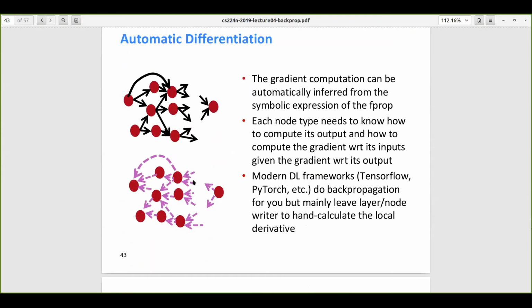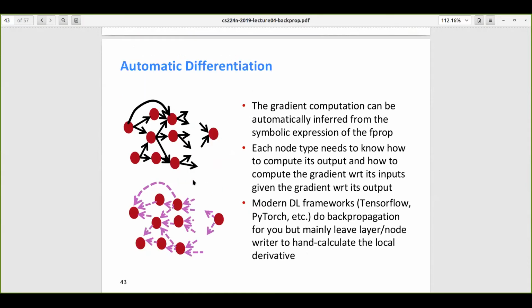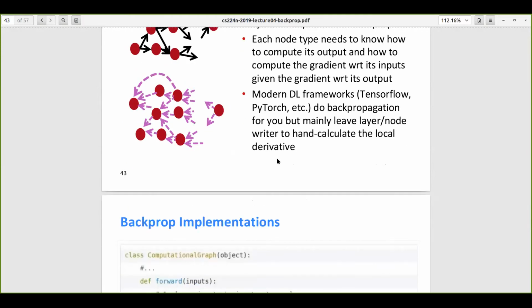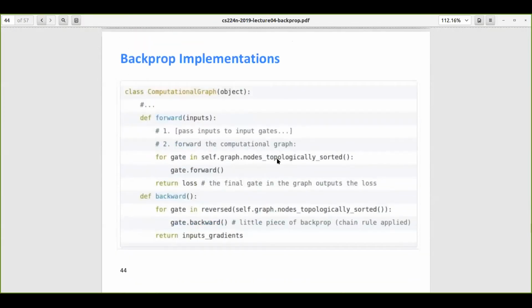In this part of the lecture, it's discussed how different deep learning frameworks like TensorFlow and PyTorch work with differentiation. Though these take care of getting the gradients and backpropagation, it is important that we understand how it all works, so that you get to know it a lot better.